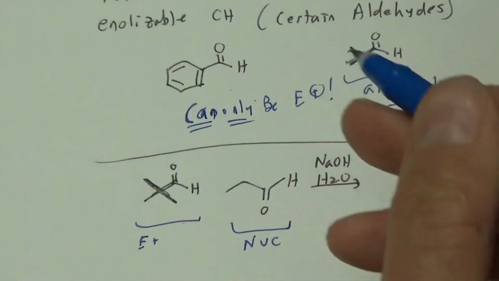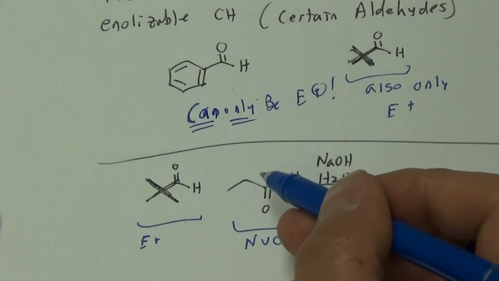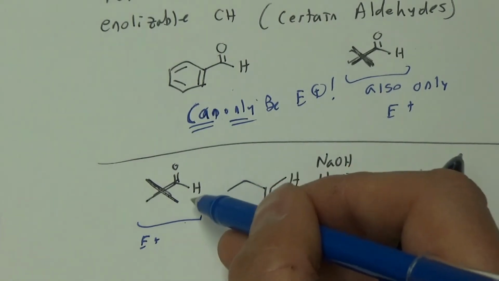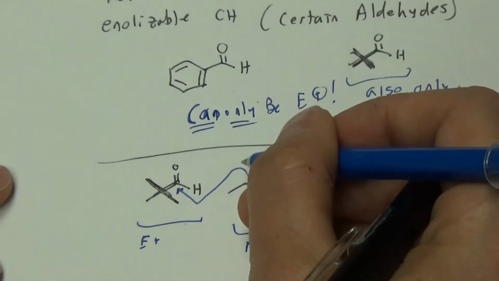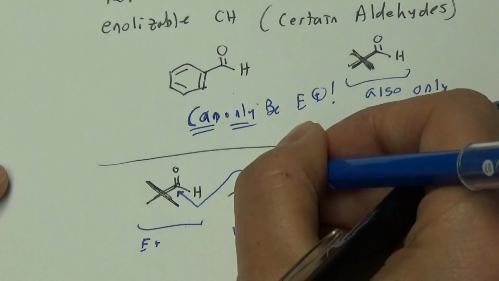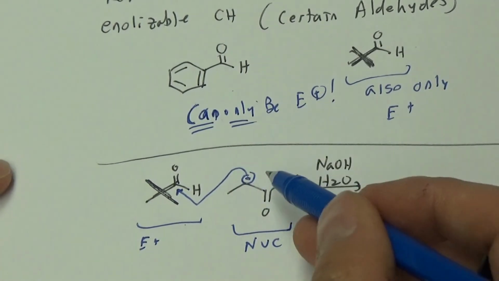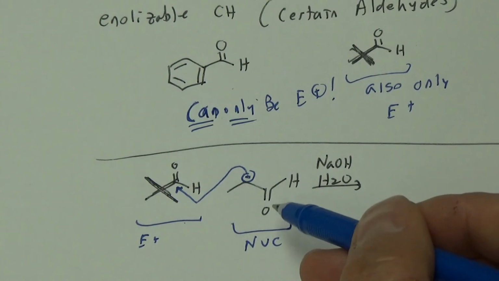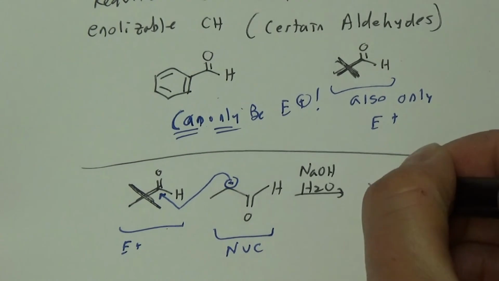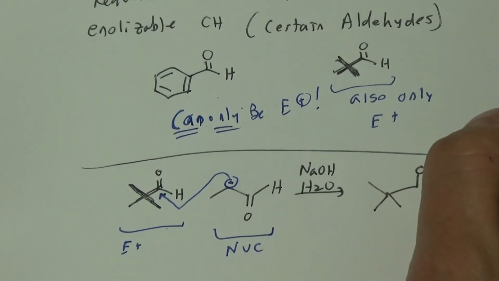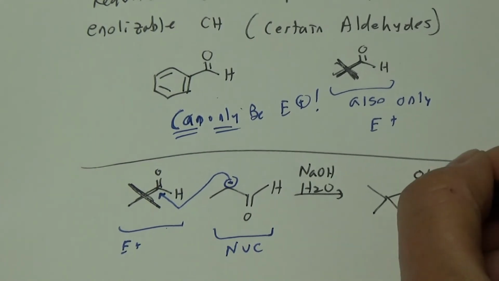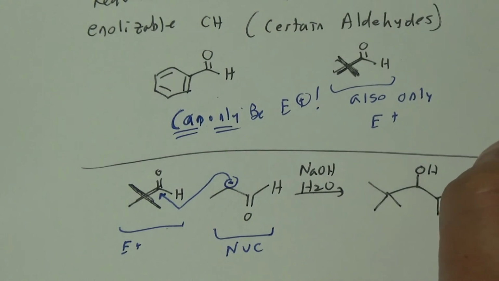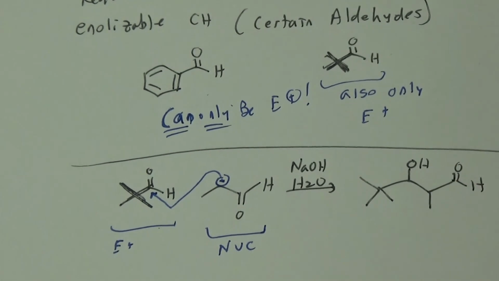The basic idea of the mechanism is that the alpha carbon will be a nucleophile and will attack. That's not a full mechanism, I'm just showing that, assuming we form an enolate, and the enolate has resonance, a carbon with a negative charge, this attacks. What's the product? First you make the beta-hydroxy aldehyde.